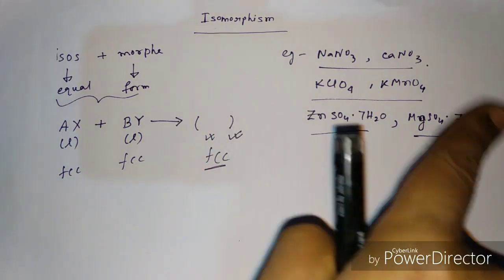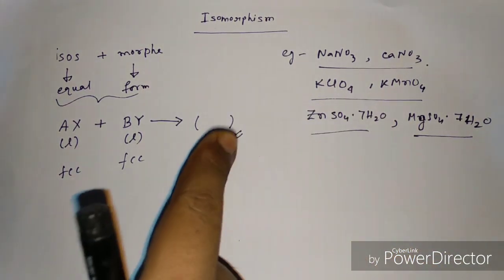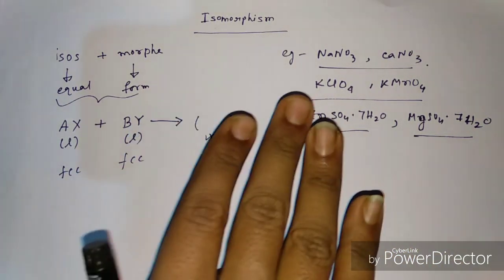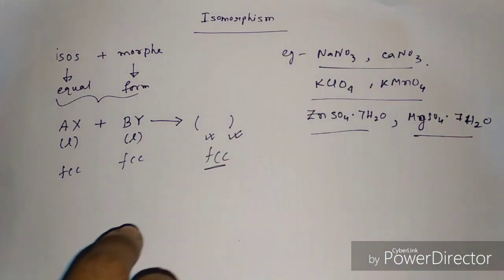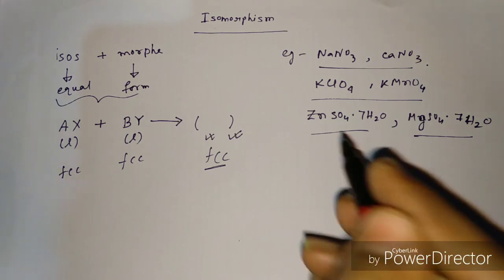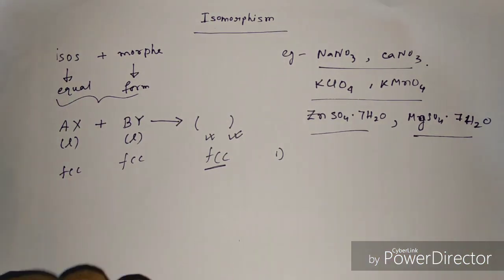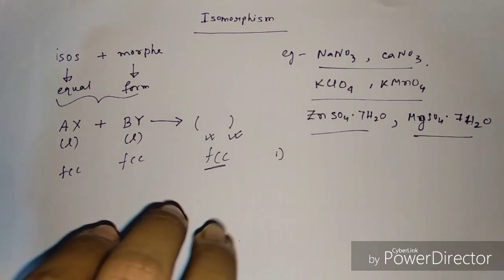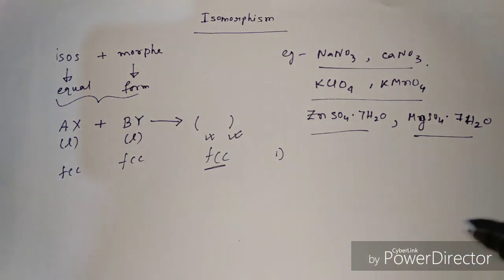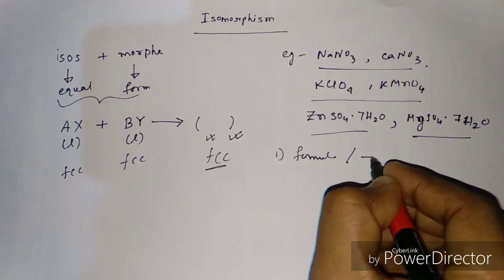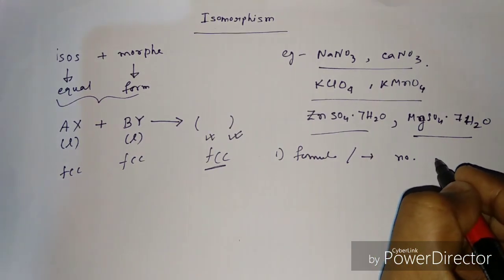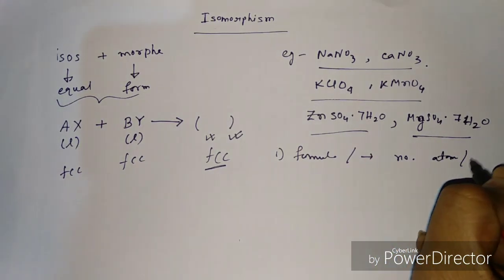To form isomorphous crystals, they should follow 6 conditions. What are the conditions? Number 1, they should have the same type of formulas and the same number of atoms or ions.